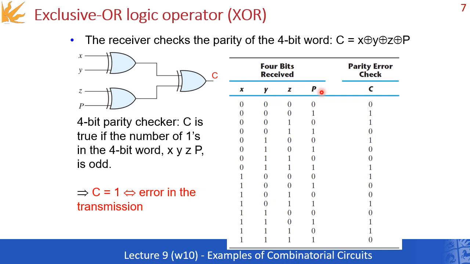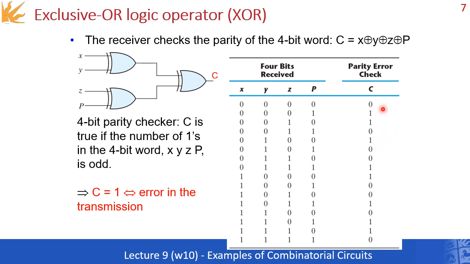These are all the combinations of the 4 bits received on the receiver side, and this is the parity error check output, C. Now, the way that this is constructed results in 1 only if the number of ones received is odd, in which case this means that if C is equal to true, then there was surely an error in the transmission.